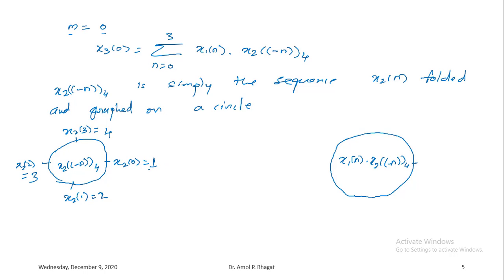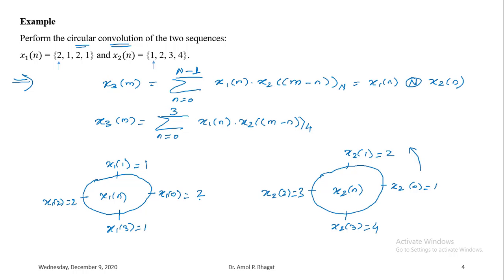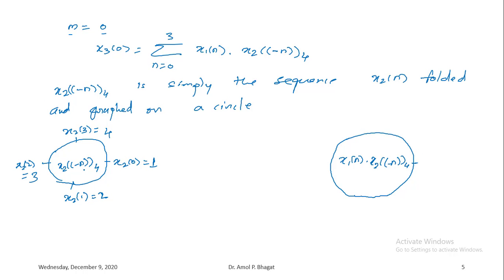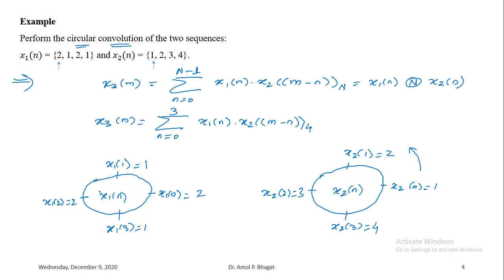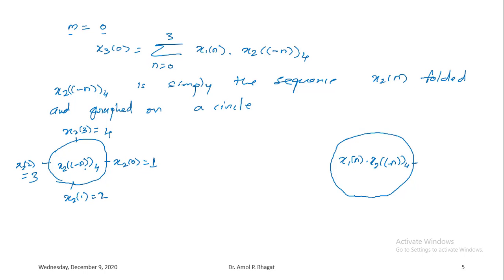So at this position the sample value is 1, here it is 2, so 2 multiplied by 1 will be 2.